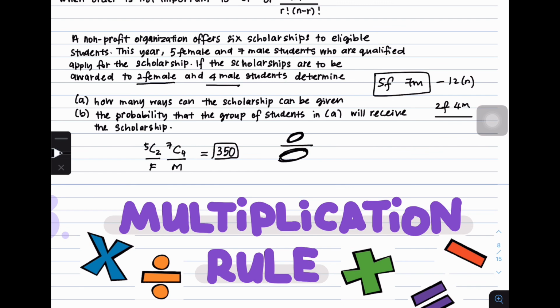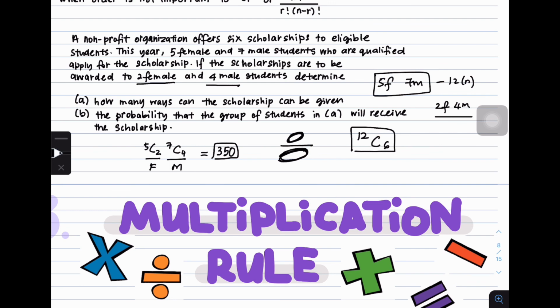Okay, so how many we can choose the total number untuk kita boleh choose how many ways the total number kita boleh pilih untuk scholarship ini adalah daripada 12 pelajar we want to choose 6. This one is the total. Okay, daripada 12 we want to choose 6 is the total because daripada 12 pelajar untuk scholarship ni we just want to choose 6.